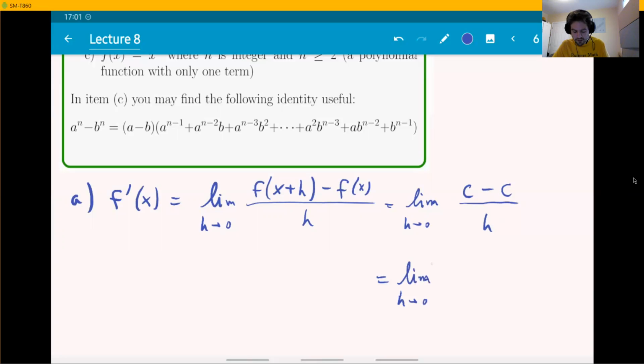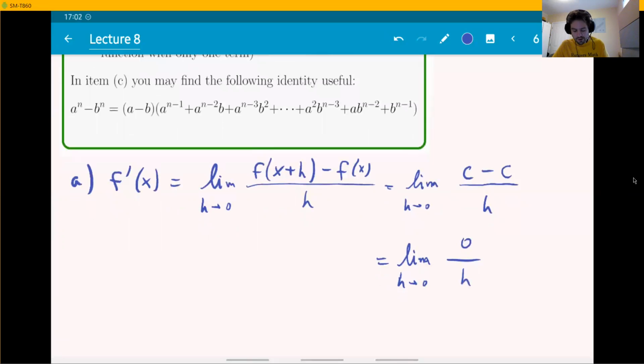Before trying to find the limit of numerator and denominator, we're actually going to say the numerator is a 0 in this problem. And 0 over h is always 0. So the function of which you're taking a limit is the 0 function, and then that limit is equal to 0.